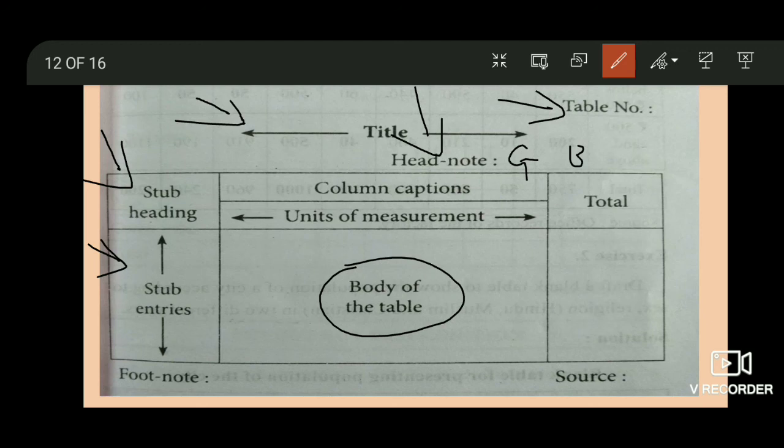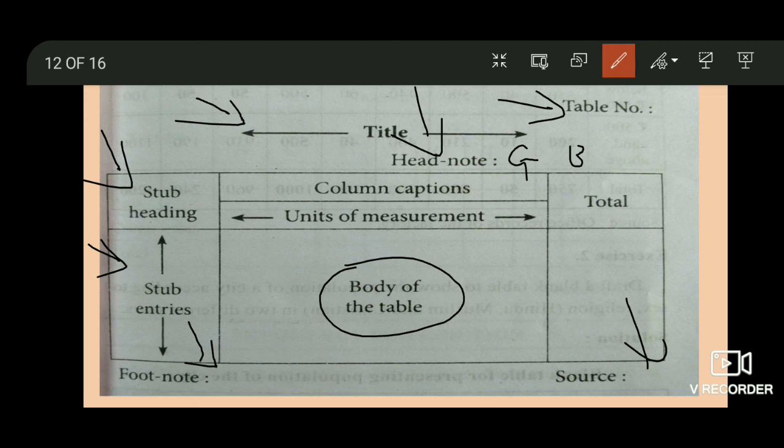And the sixth one is footnote over here. The facts and figures which are prominent are marked, and footnotes which indicate so are provided over here. The seventh part is the source of the data. The source of the data may be mentioned over here, like from where you have collected the data. And the last part is logical order.